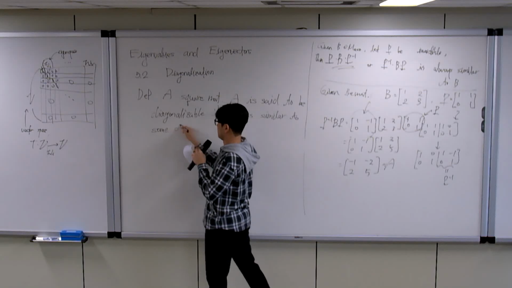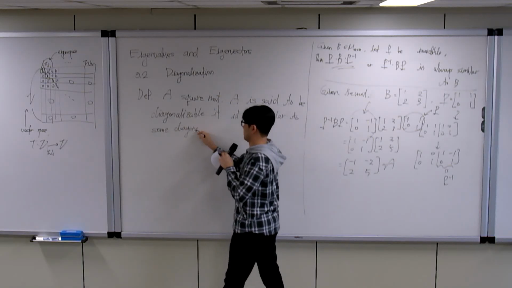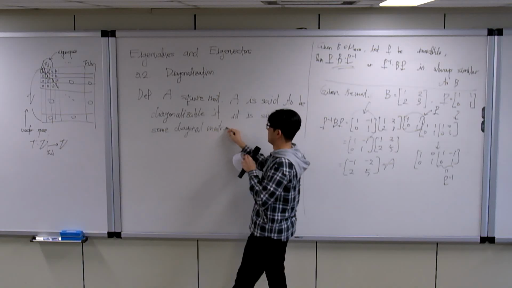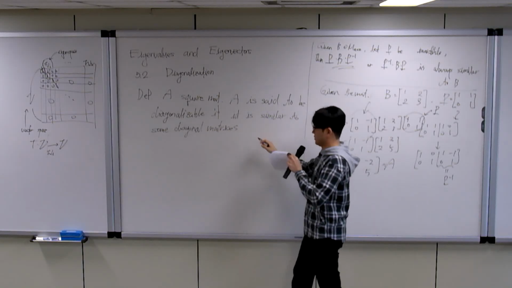So by giving the proof, you can find what invertible matrix will make it a diagonal form.